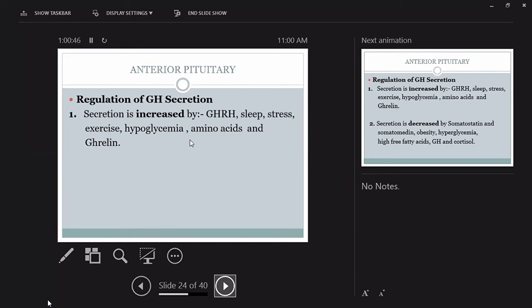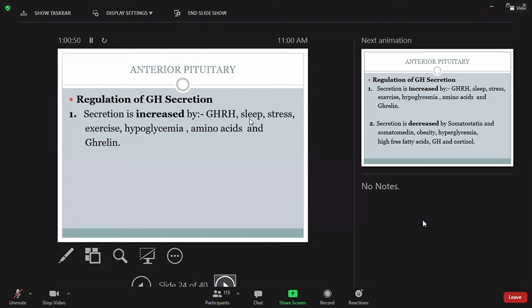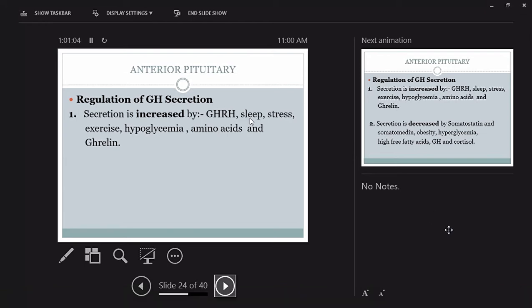Sleep can also increase growth hormone secretion. That's why our grandmothers will always let us sleep after lunch. There is really a reason for that, because growth hormone release is increased when you sleep.